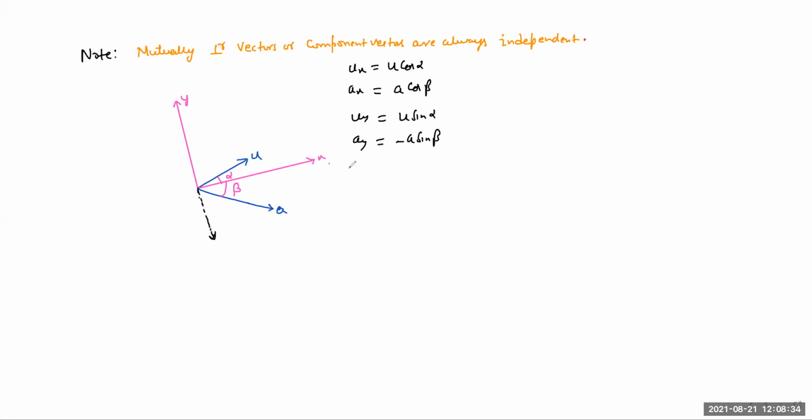All other physical quantities which are derivatives of displacement will depend on the frame. Now you may ask, what are the things which are derivatives of displacement? I hope you know. The answer is velocity, which is the first derivative, and acceleration, which is the second derivative.